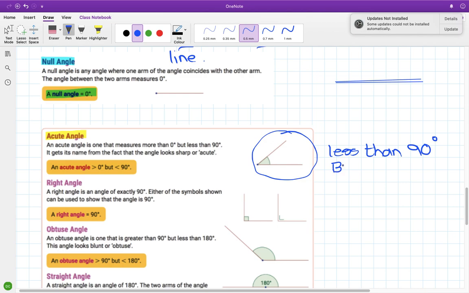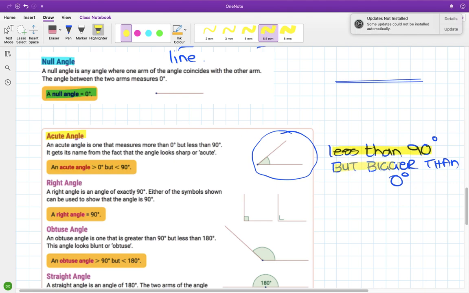Less than 90 degrees, but bigger than 0 degrees. Okay, so if it was me, in my notes, I'd be writing it like this. You don't need to write this kind of thing in maths language. You need to write it so you can understand it. So an acute angle is an angle that's less than 90 degrees, but it's bigger than 0.